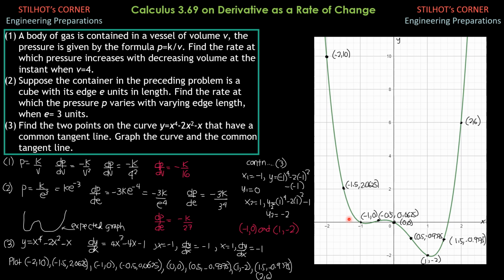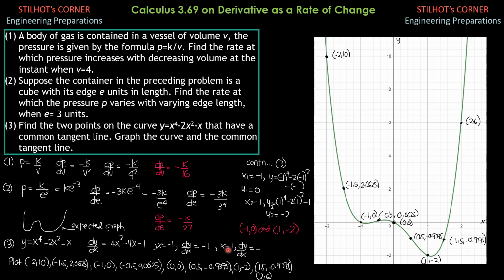Let's find out if they have the same slope. So this is the derivative, 4x cubed minus 4x, then minus 1. When x is -1, 4 times -1 cubed is -4, minus 4 times -1 is 0, then minus 1. So dy/dx, the slope, is -1 at (-1, 0).